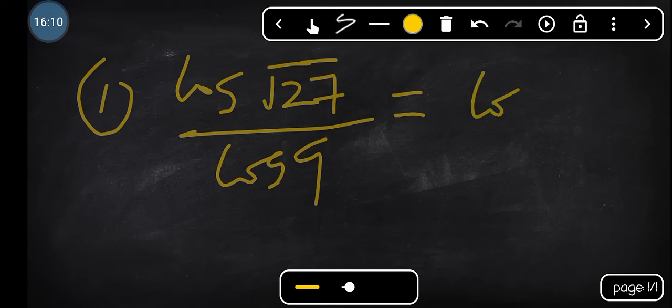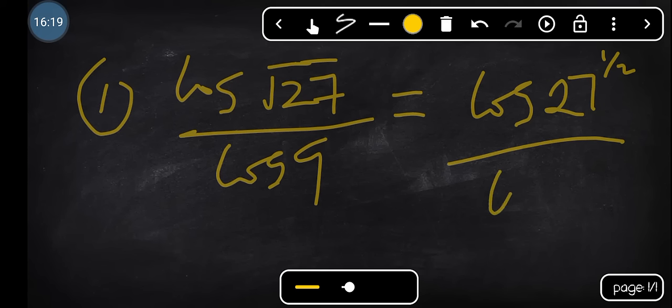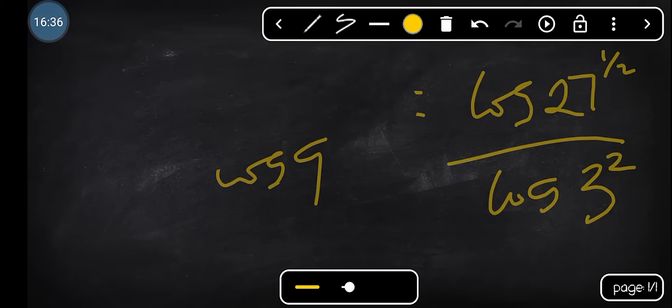So log square root 27 is going to have 27 raised to power half. Log 9 is going to have 3 raised to power 2. Is that fine? Fantastic.